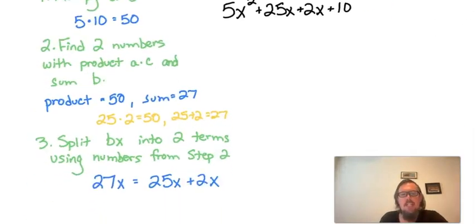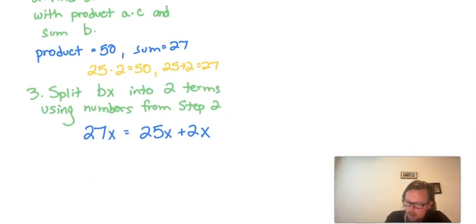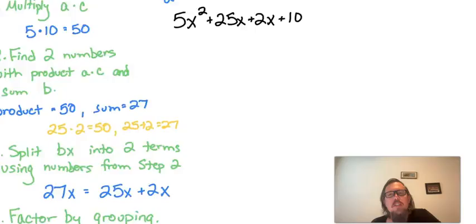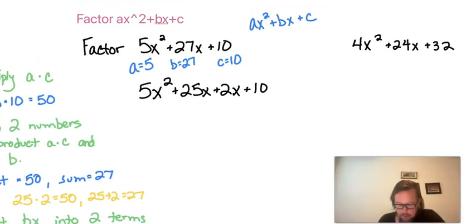And then step 4 is something that we've already learned how to do before. Step 4 is factor by grouping. And you know how to factor by grouping. We have done that in a previous lesson. So those are our 4 steps. Let's go ahead and finish it up. So factoring by grouping means group these first two terms together, 5x squared and 25x.